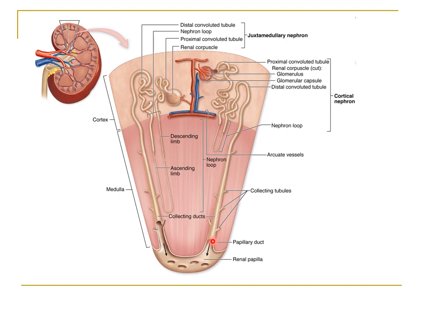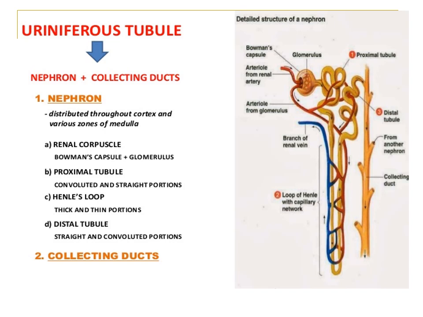These collecting ducts open at the papillary duct and into the renal papilla, and this renal papilla opens into the minor calyx, and from the minor calyx into the major calyces, and then the pelvis, and the urine is carried to the ureter. So these are all the parts of a nephron, which is the structural and functional unit of the kidney.